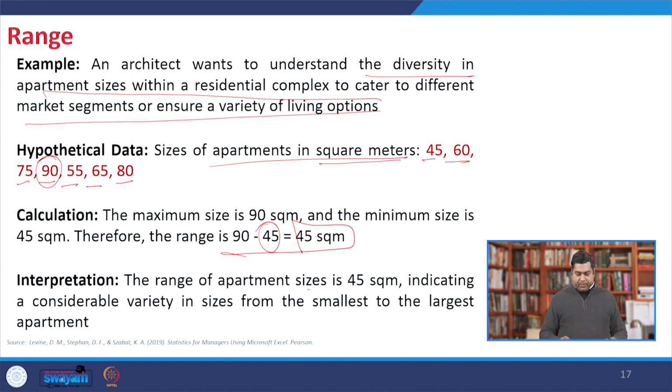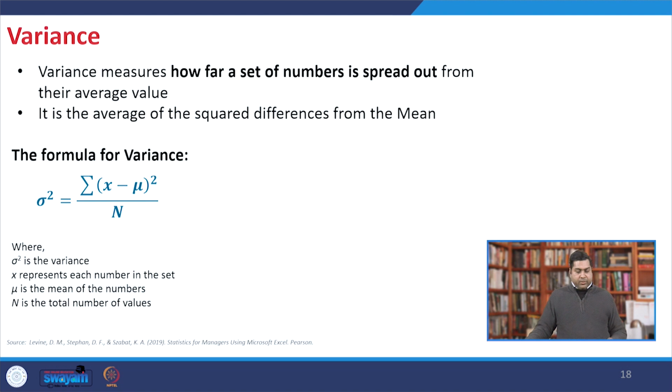The range of apartment size in this particular case is 45 square meter, indicating a considerable variety in sizes from smallest to largest. When you have less variation, almost all things are equal. Now, coming to the variance, variance measures how far a set of numbers is spread out from their average value.